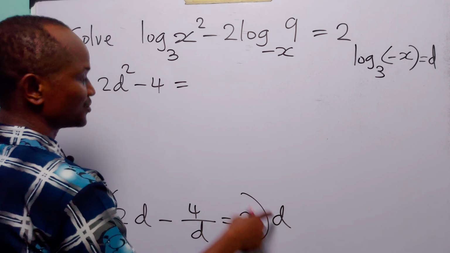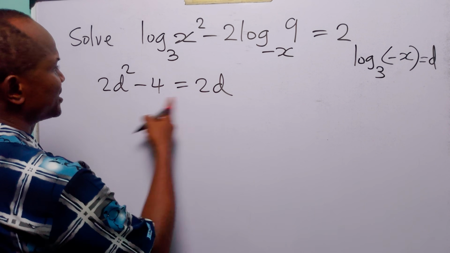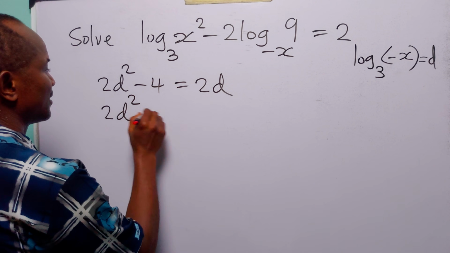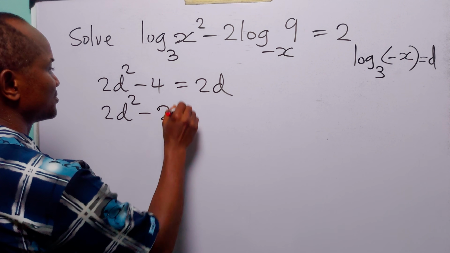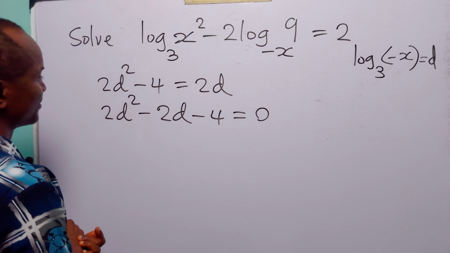This is equal to 2 times d, which is 2d. Now, rearranging this quadratic equation, we have 2d squared minus 2d minus 4 is equal to 0.